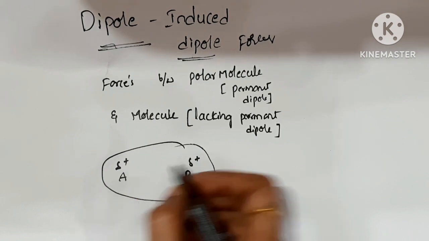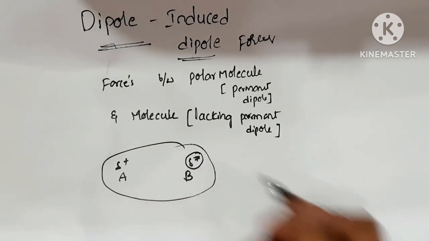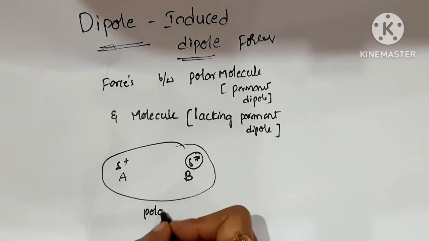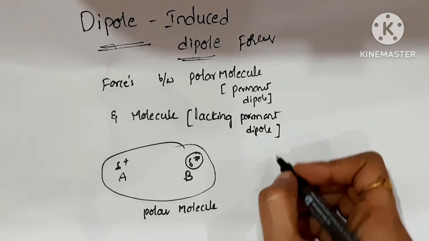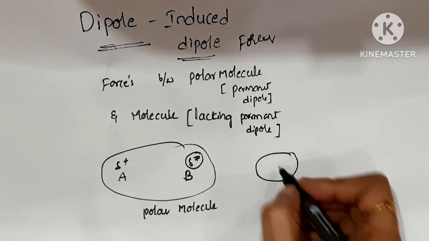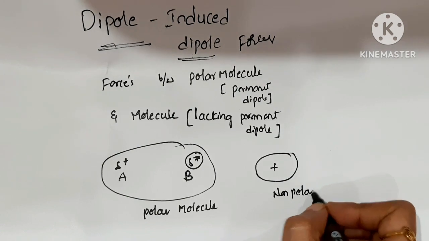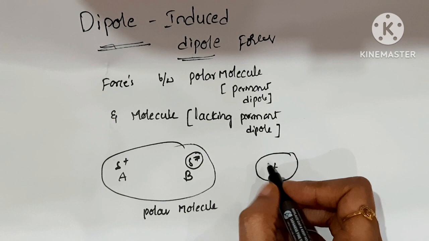Di means two poles, positive pole and negative pole, right? This is a polar molecule. And this is a non-polar molecule, right? Non-polar molecule. That means electrons are equally distributed here.